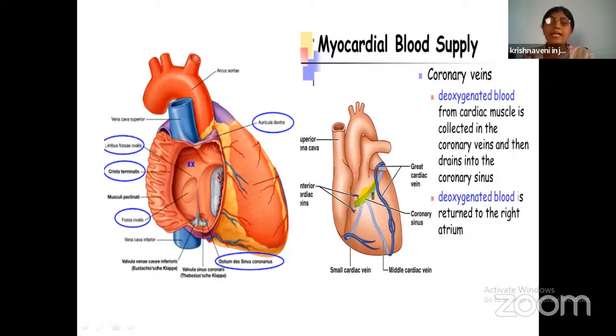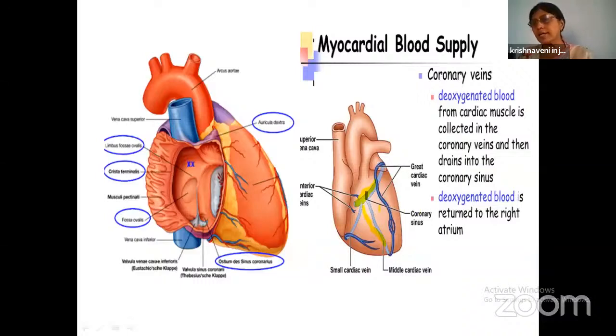This coronary sinus receives the other veins, small cardiac veins and great cardiac veins, inferior and middle. This is the middle cardiac vein. All the cardiac veins open into the coronary sinus.